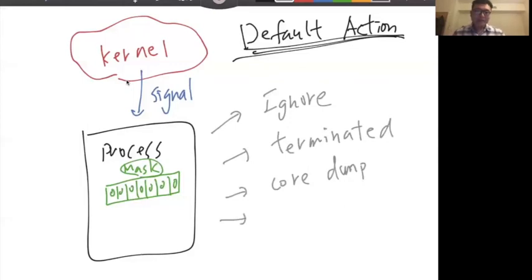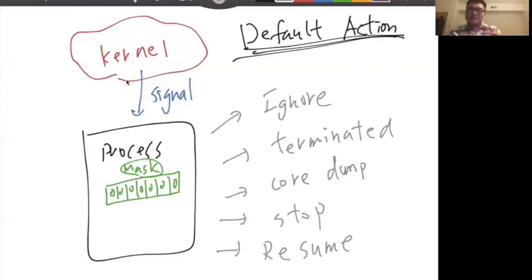Another one is stop. Stop is just suspend. It's not terminated, it's just like going to sleep until some other process uses a signal to wake me up. The process is suspended, but it's still there, still in the system. So you have another signal called resume, which is used to make a process wake up.